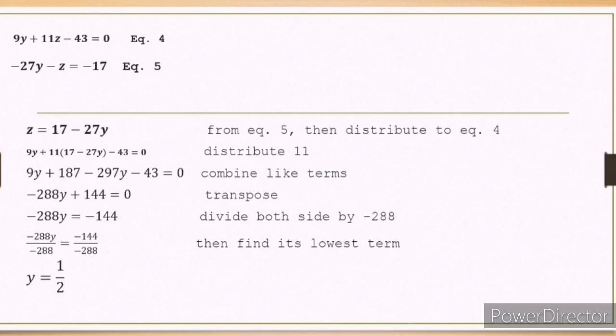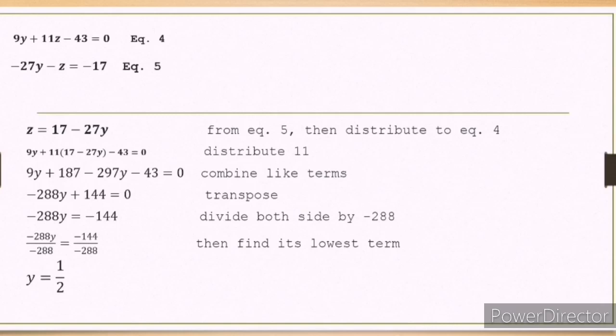Now transpose: negative 288y is equal to negative 144. Then divide both sides by negative 288. So y is equal to 144 divided by 288, y is equal to 1/2.